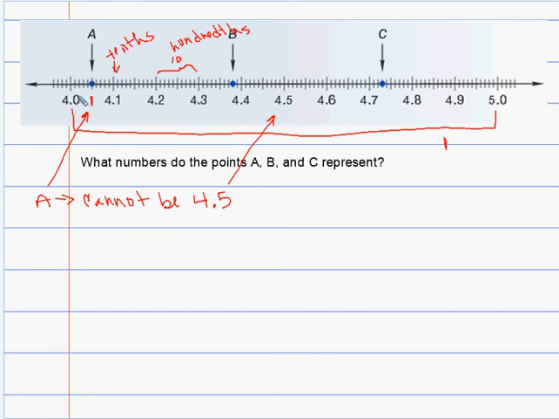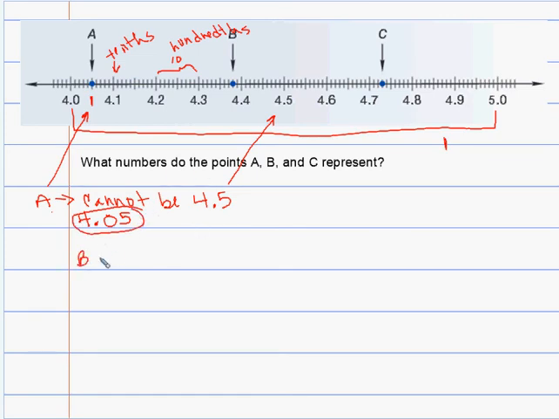Because this is 4.0, it already starts with 4 decimal point 0, and then we don't get to 1/10, we stay at 5 tenths of a tenth, sorry, which is 1/100th. So it's 4 and 5 hundredths. That's what A is.